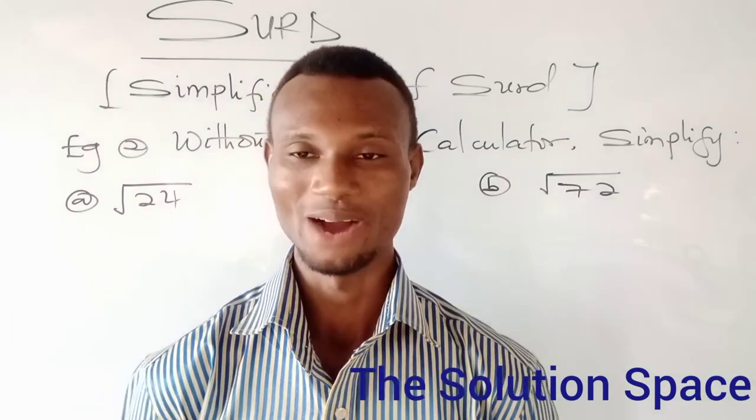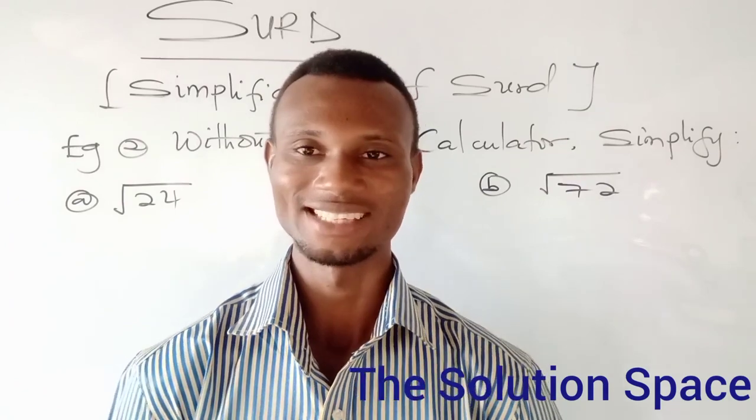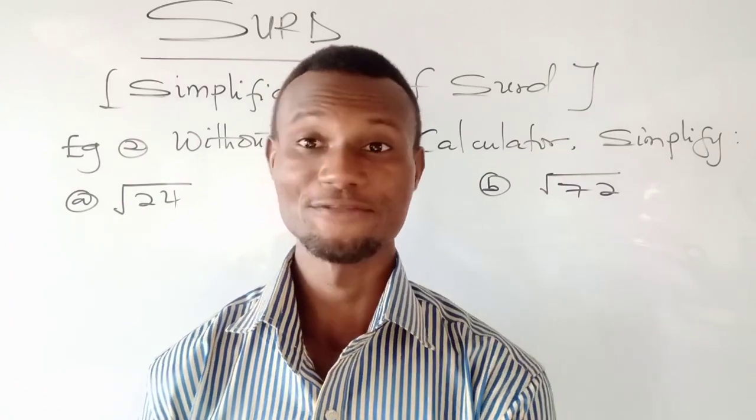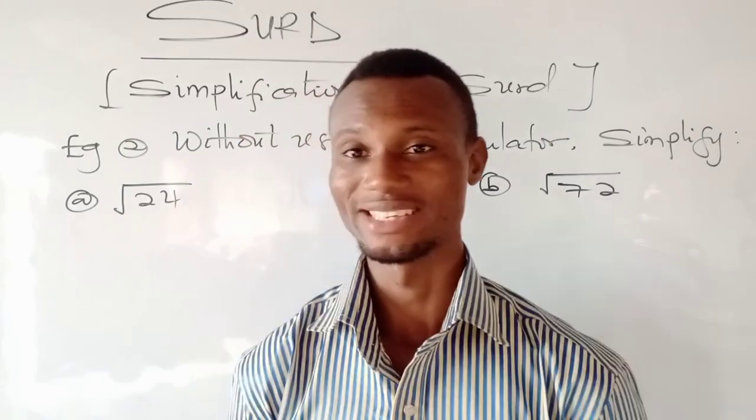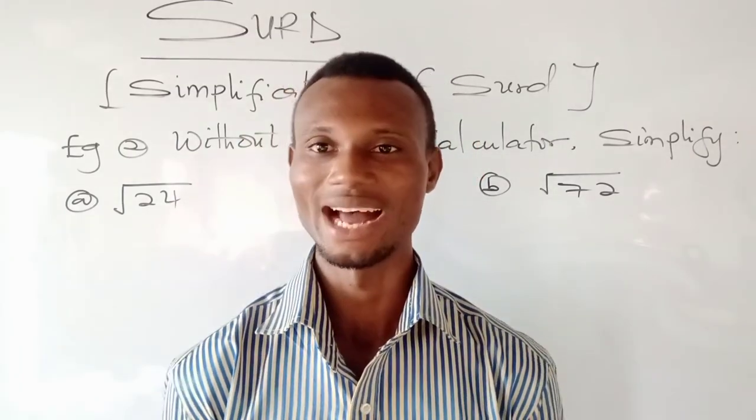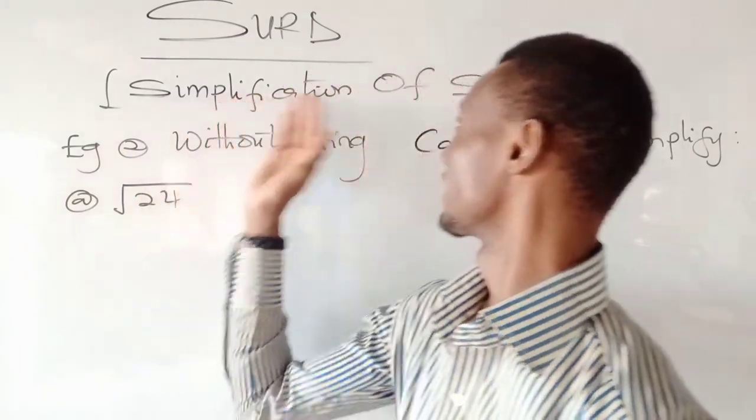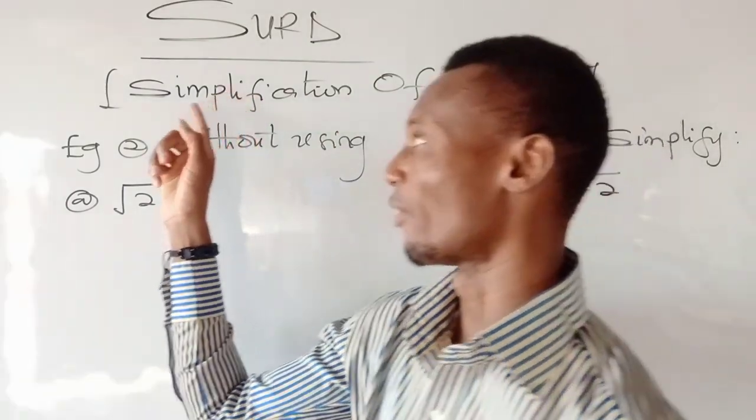In this video, I want to continue with the set that I started with you in the first video. In the first video, we started learning about set, where we handled the simplification of set, as I've written on the board.